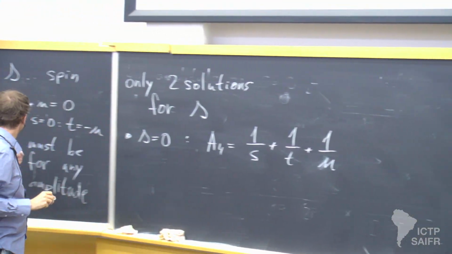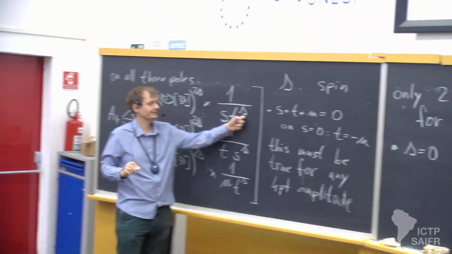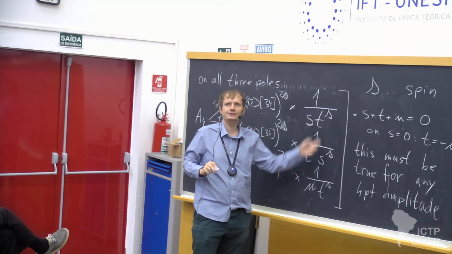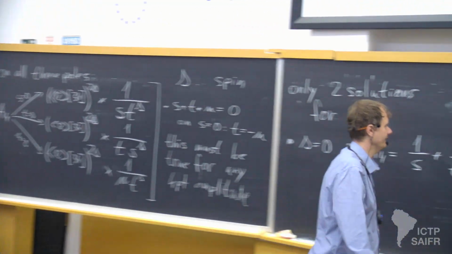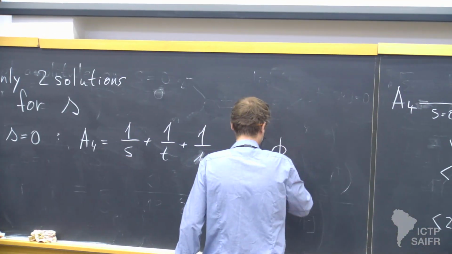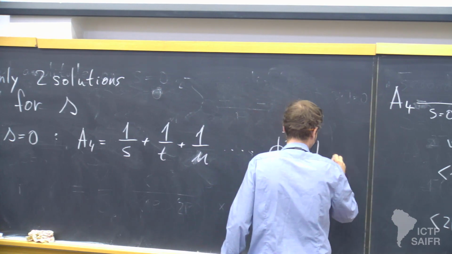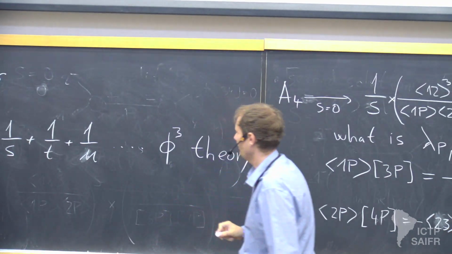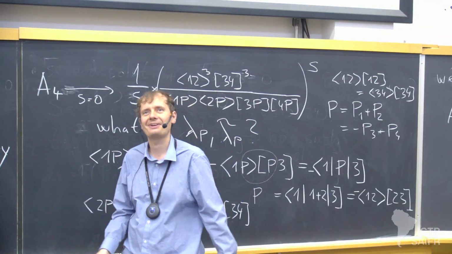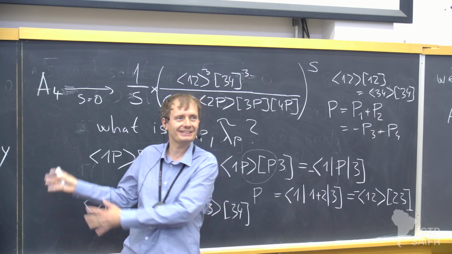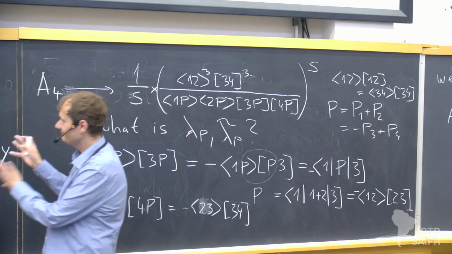You can quickly see that it satisfies all 3 conditions because s is 0. The 3 poles just don't talk to each other. You just sum all of them. And this is nothing else than phi cube theory. So a self-interacting scalar particle is consistent. Okay, we haven't learned any breakthrough discovery, but it's fine.